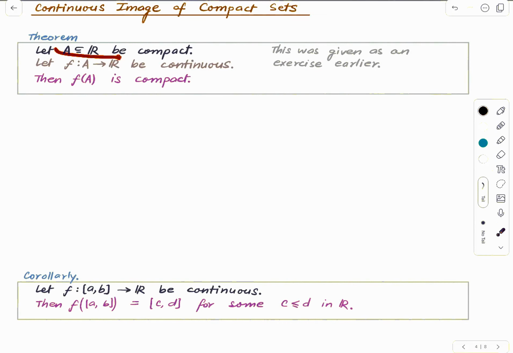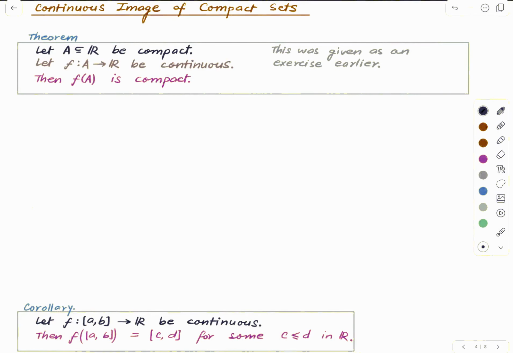Suppose we have a compact set of real numbers, and we have a continuous function defined on that compact set. Then the image of it under f is also compact. So continuous images of compact sets are compact, and this was given as an exercise earlier, but since we will use it now and it is sufficiently important and not immediately obvious, I felt that I should also provide a proof.